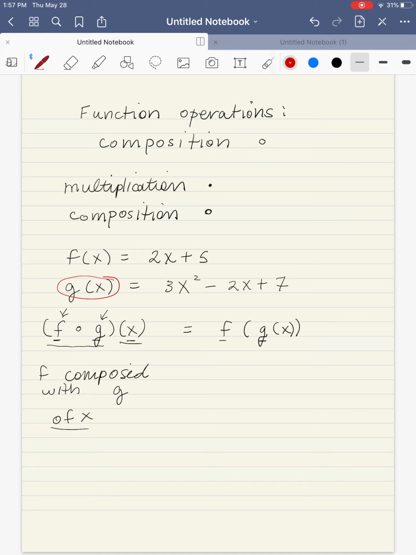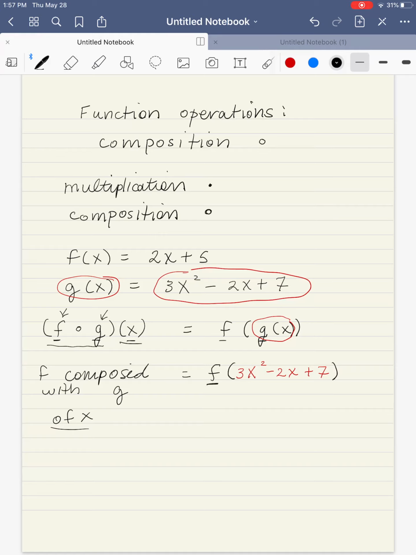But we already know what g of x is. We know that g of x is 3x squared minus 2x plus 7. So f of g of x is f of what g of x is. And I'm going to go ahead and write this in red so we can see what happens here. And remember what we learned in an earlier lesson.